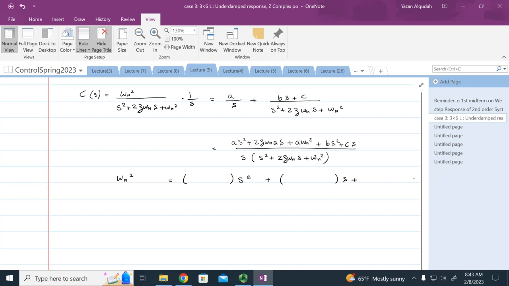A plus b. Yes, it's going to multiply s squared. And then if I look at the s, I'm going to have 2 zeta omega n a, and I'm going to have c. And then I'm going to have a multiplied by omega n squared. Okay. So therefore, I'm going to write a plus b, and I'm going to have 2 zeta omega sub n a plus c, and then I have omega n squared multiplied by a. So keep that in mind, n is not the subscript, omega is not a subscript, n is the subscript.